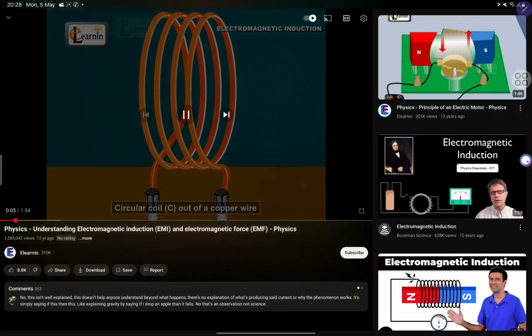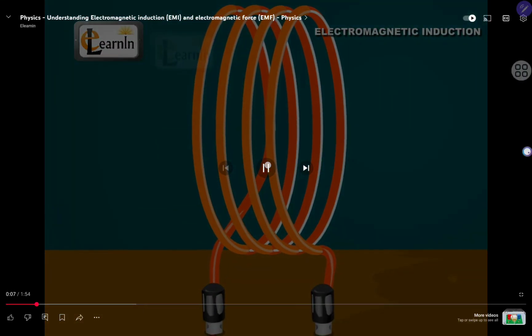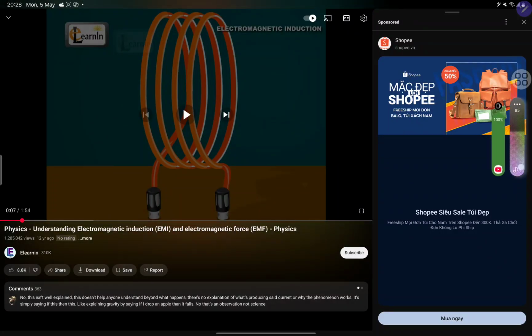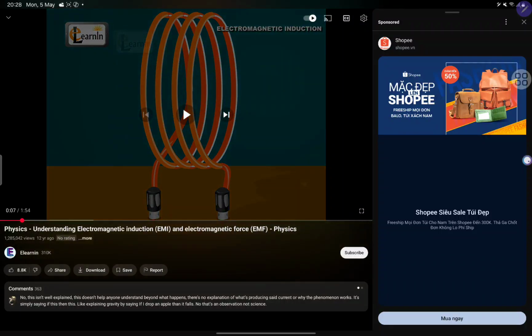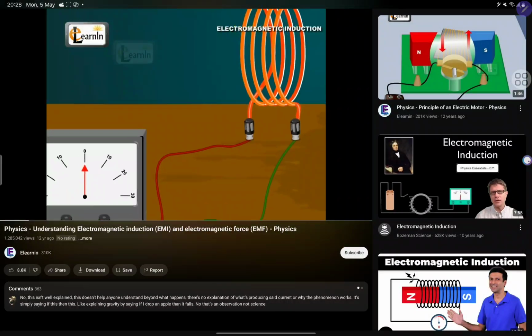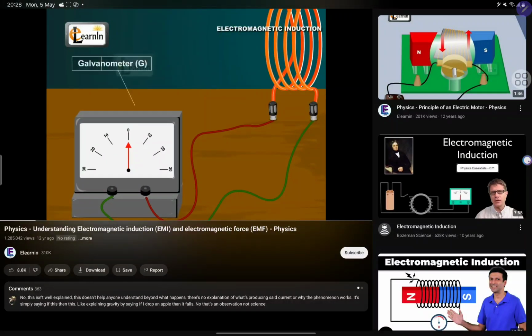Circular coil made of copper wire. Okay, so you have some wires here, and there's a galvanometer to detect the current inside the wire.